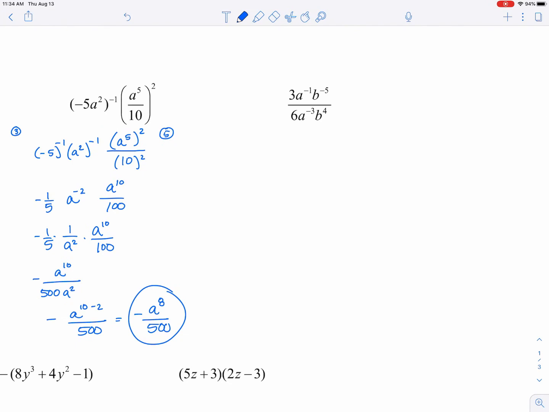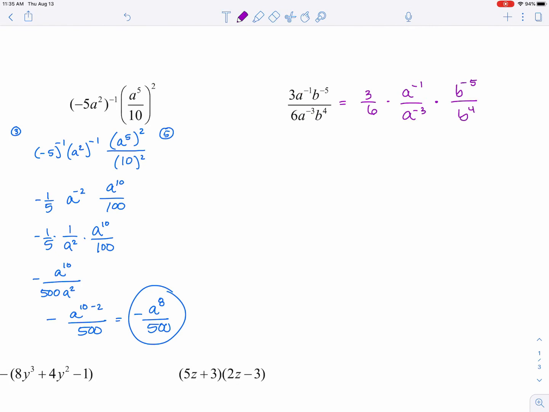This next expression is simply a matter of us collecting our common factors. As I had suggested before in the video, the best thing that you can do is keep your coefficients with your coefficients, your a's together with your other a's, and your b's together with your b's.